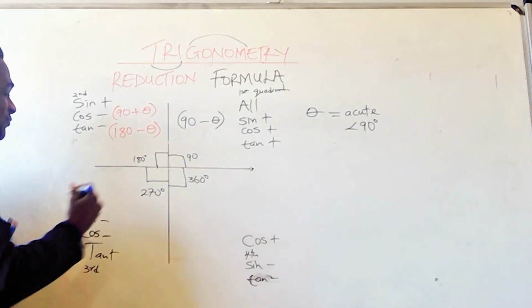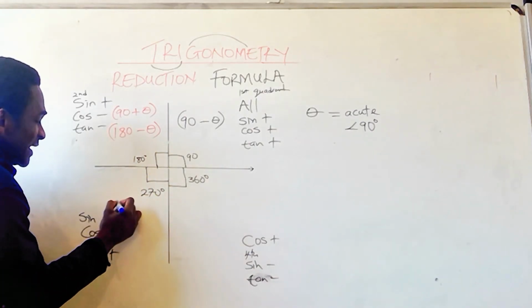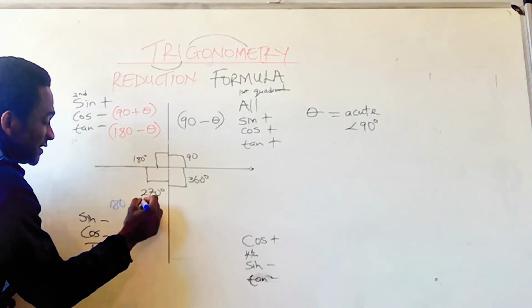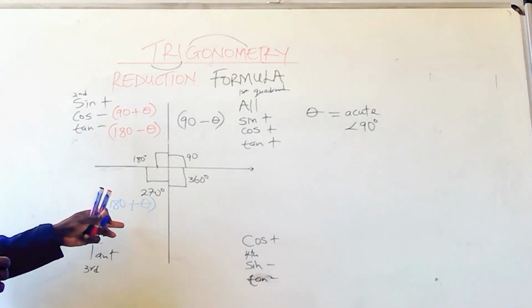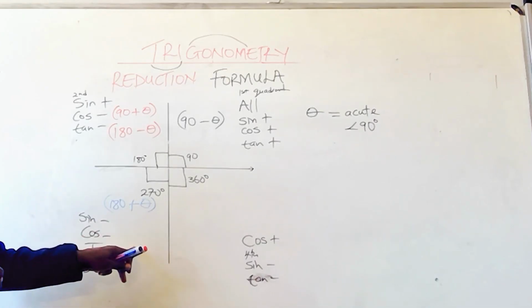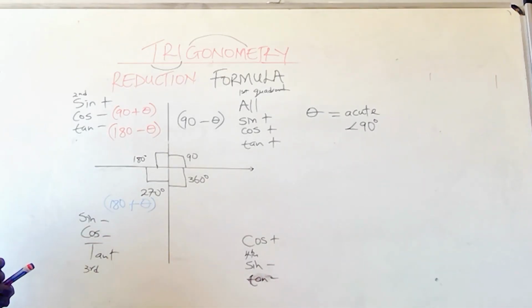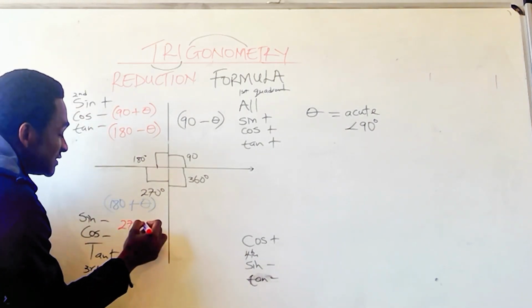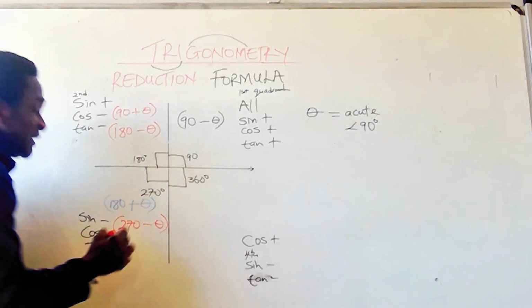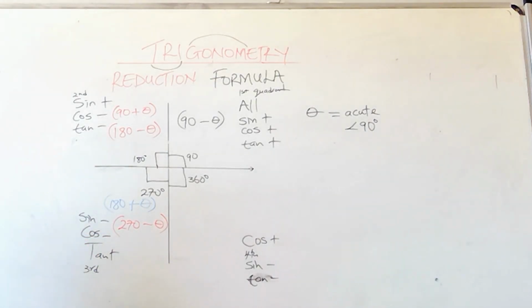In the third quadrant, we are looking at 180 plus theta. It must be greater than 180 degrees, but less than 270. So it can also be 270 minus theta. Remember that theta must be an acute angle.